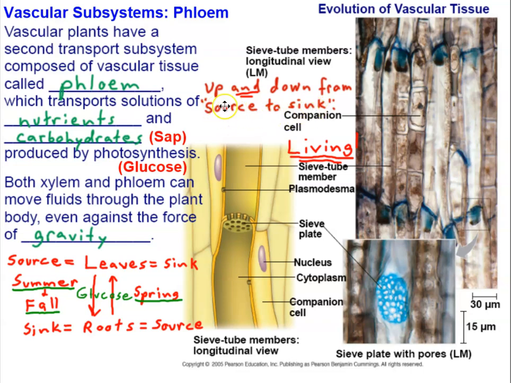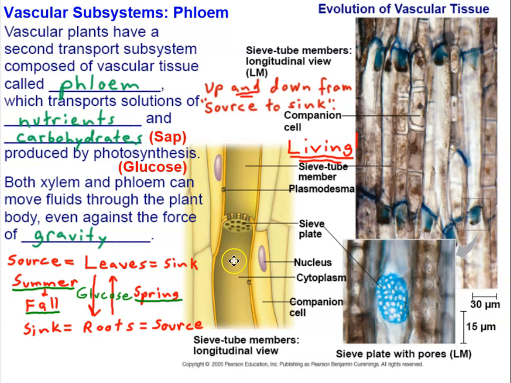The source being where the sugar is coming from, the sink being where the sugar needs to go, or where the sugar is being transported to. Source to sink. And so again, they're living and they're tubes, and so the cells that make up the sieve tubes, as they're known, are known as sieve tube members.